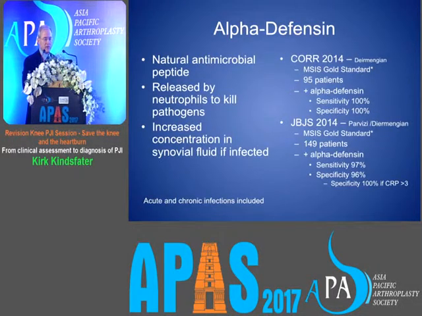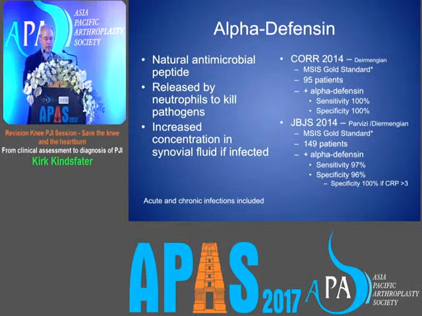What about alpha defensin? We talked about that yesterday as well. It's a natural antimicrobial peptide. It's released by the white cells to kill the pathogens, so it's increased in concentration in synovial fluid if there's an infection. There are two good studies. Carl Deirmengian has been involved in both of those, J. Parvizzi in the JBJS article. In both of these, they used the Musculoskeletal Infection Society criteria as the gold standard to diagnose infection.